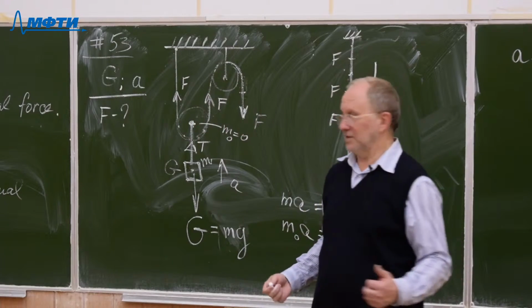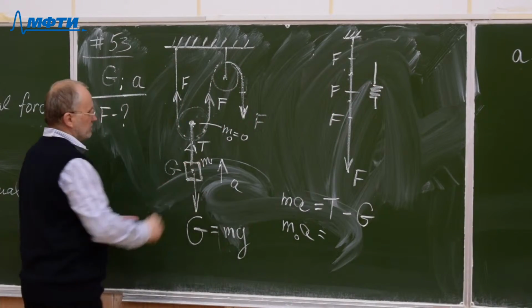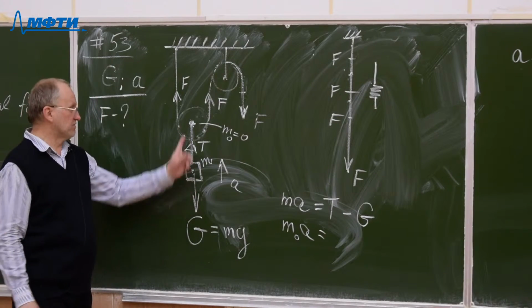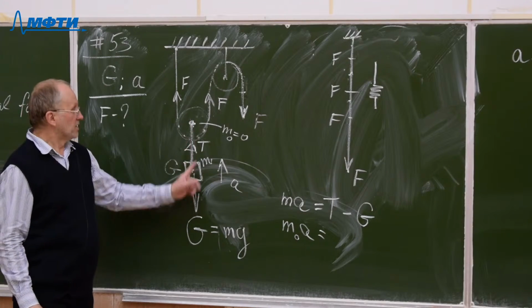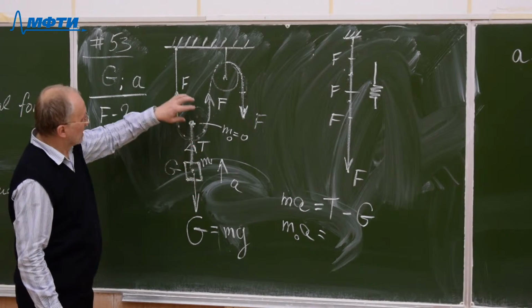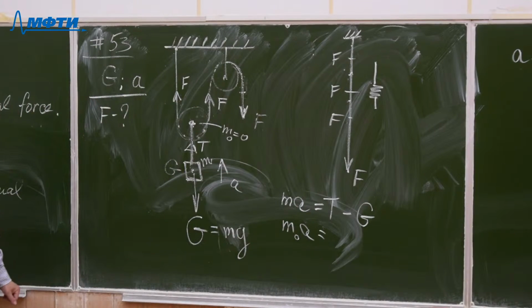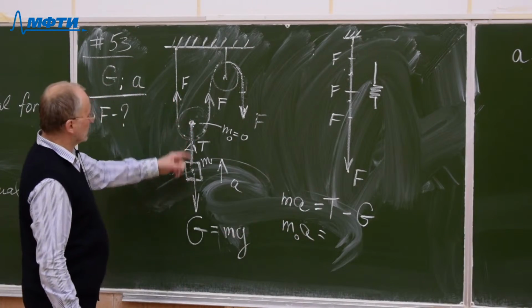If the string is non-stretchable, then the distance between these two points will remain the same. And so the velocity is the same and the acceleration of these two bodies will be the same. So the acceleration of the mass m0 will be the same, a. I don't have to use a different character here, because the acceleration is the same.